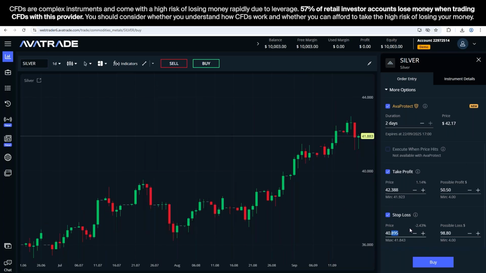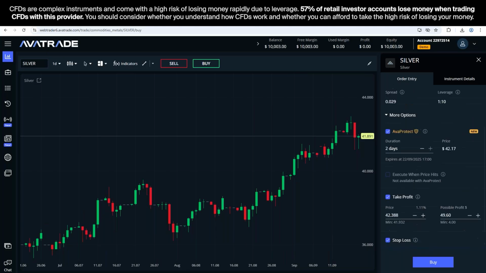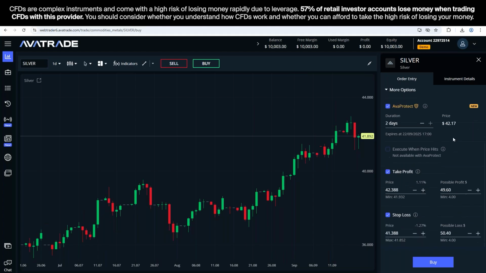So this will be 388. Oh, sorry, we're going to add the one here. And now it's still okay. Not the end of the world, this comparison, but the fee, as you can see, is very close to how much we can gain or lose.